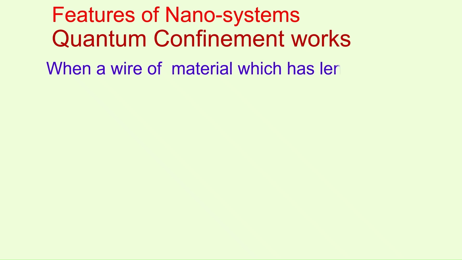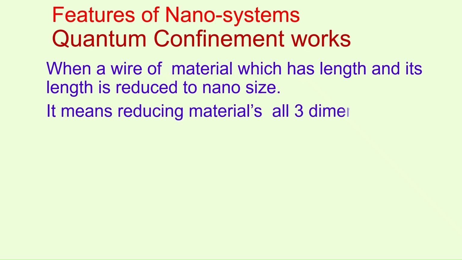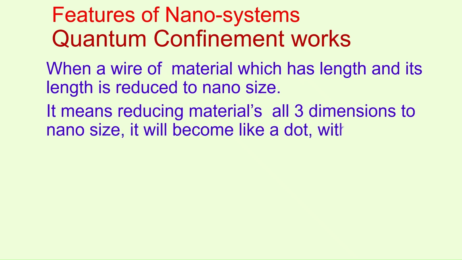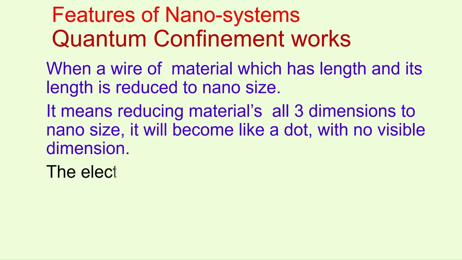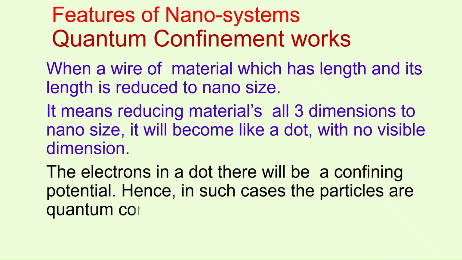When a wire of material, which has length, is reduced in length to nano size, it means reducing all three dimensions of the material to nano size, it will become like a dot with no visible dimension. The electrons in a dot, there will be a confining potential.